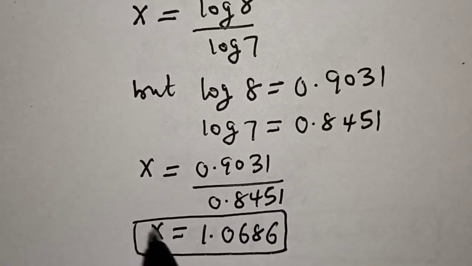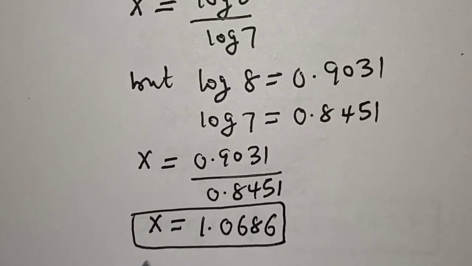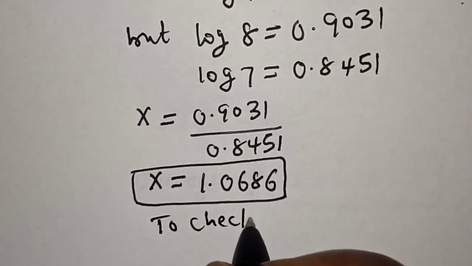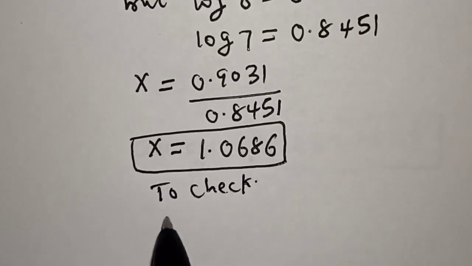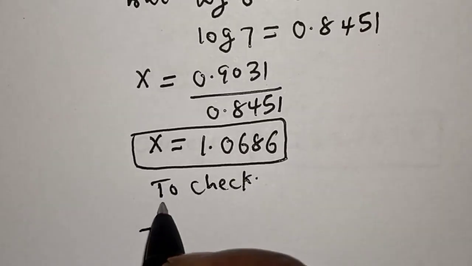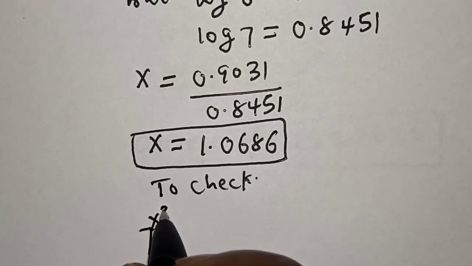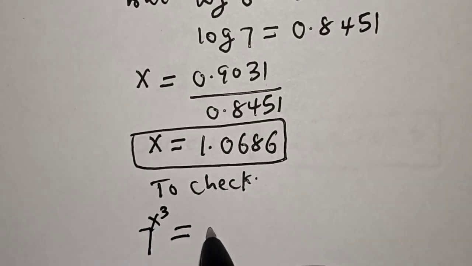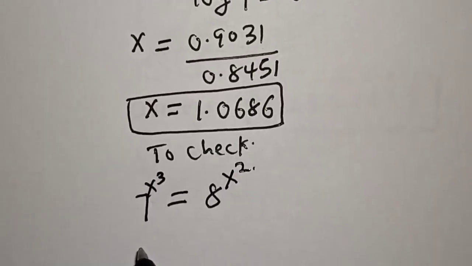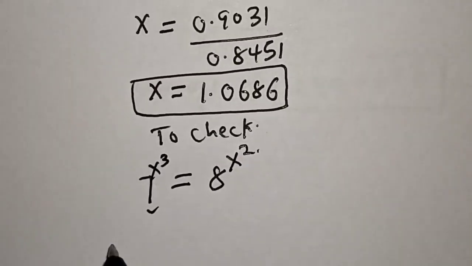We can check to confirm if our answer is right or wrong. To check, the given equation is 7 raised to power s cube is equal to 8 raised to power s squared. Let's consider the left hand side first.